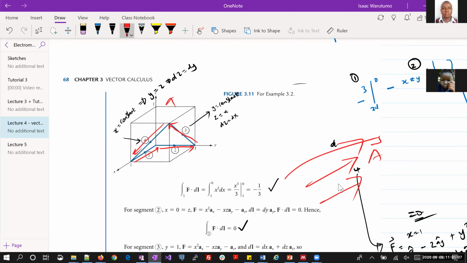And as you can see, that is a closed path. That's a closed path, and that is the one we are defining as the closed integral R, meaning that it is a closed path.